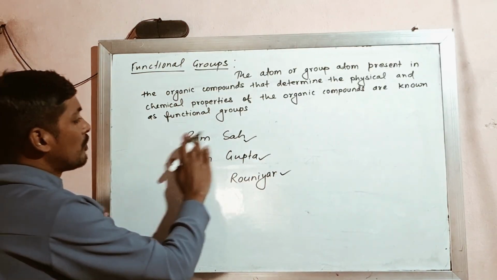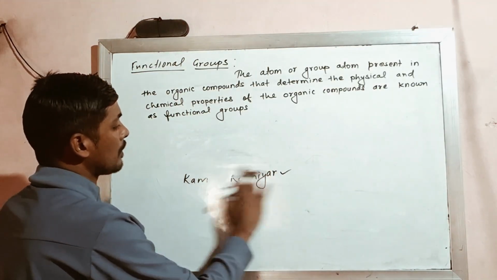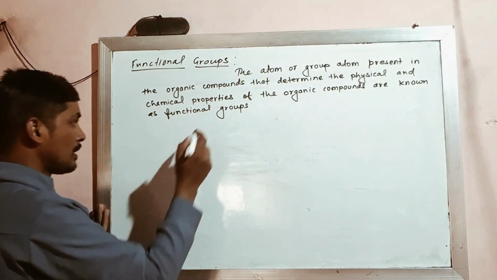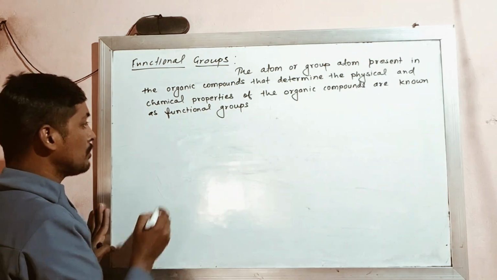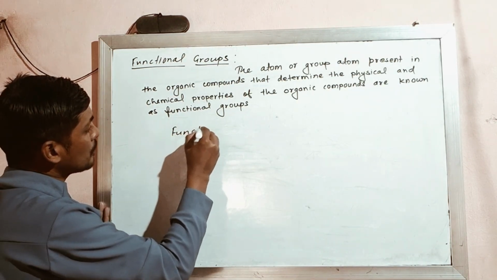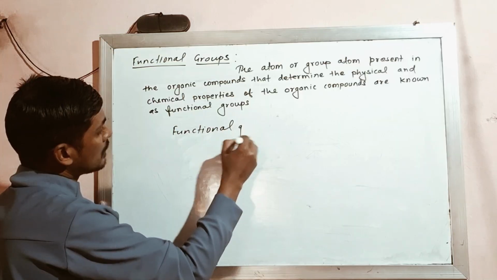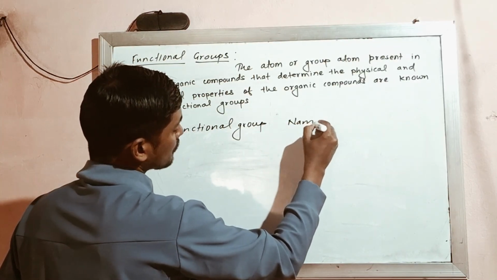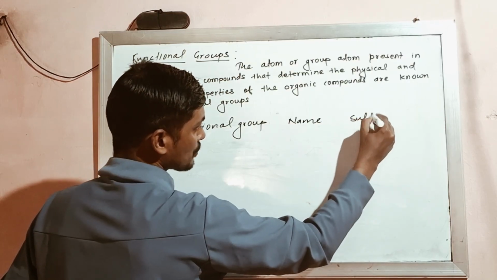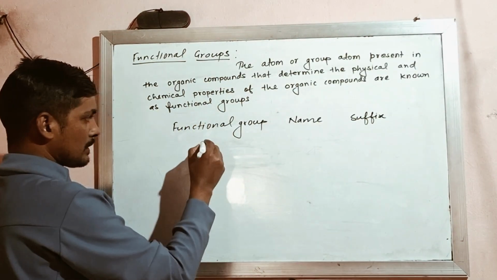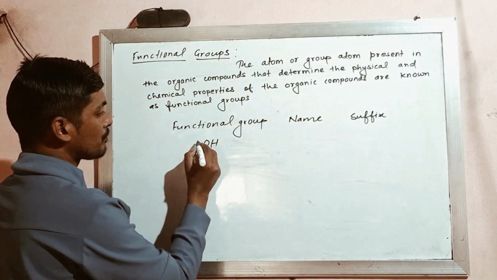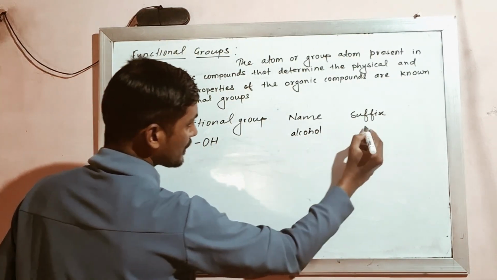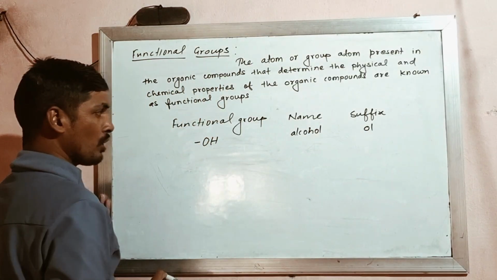Now there are some functional groups in organic chemistry. Let's see some examples of the functional group, their name and the suffix used for them. There is functional group OH, the name is alcohol, and the suffix used for alcohol is ol.